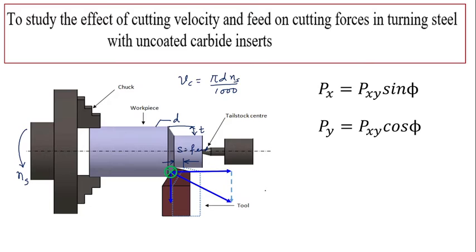So during machining, the cutting tool would be applying some forces on the job. The job would also be applying some forces on the cutting tool. So the forces which are going to be applied on the cutting tool are Px, Py, and if you vectorially add them, you are going to get Pxy. Px is called the feed force.